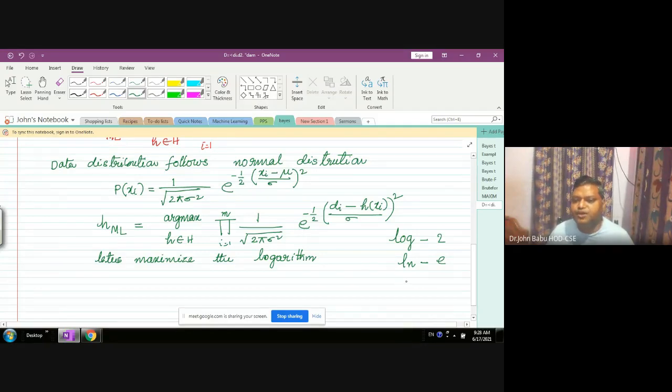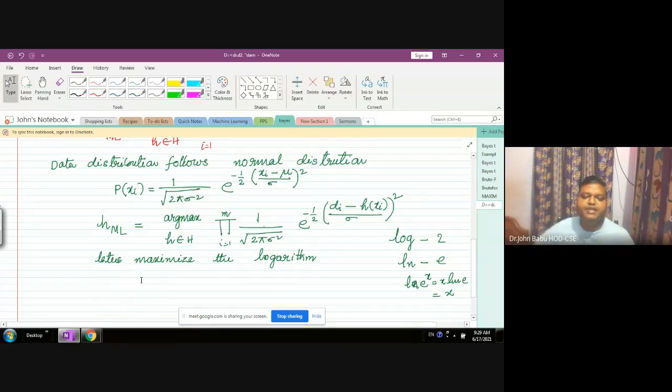So the logarithm of e to the power of x is equal to x into the logarithm of e. The logarithm of e base e is equal to 1. So the logarithm of e to the power of x is equal to x. So here this is log of these two terms.